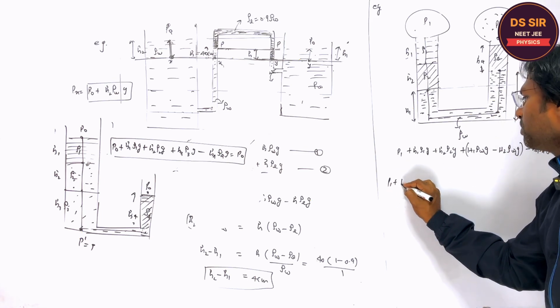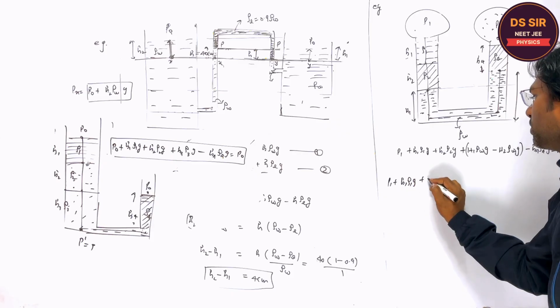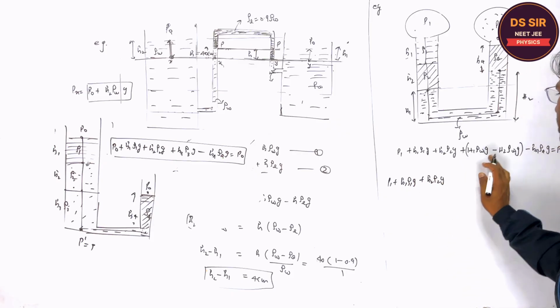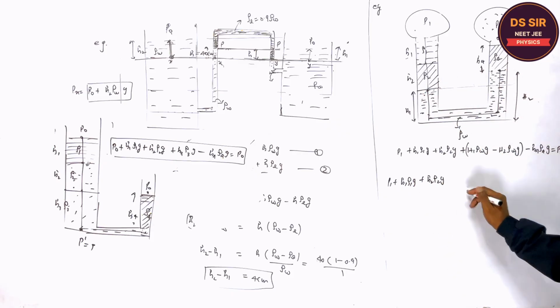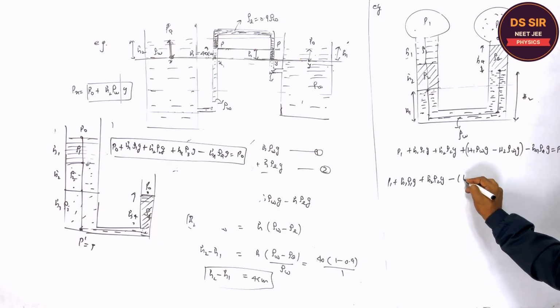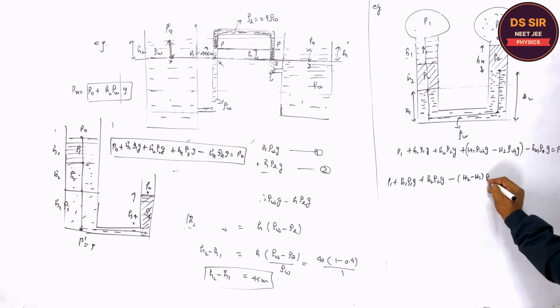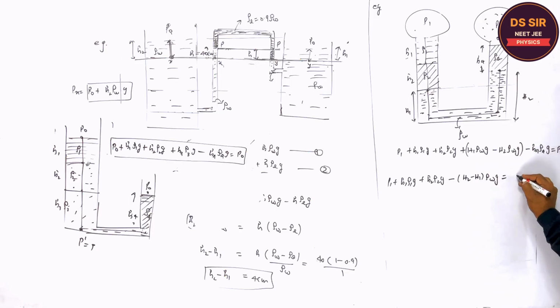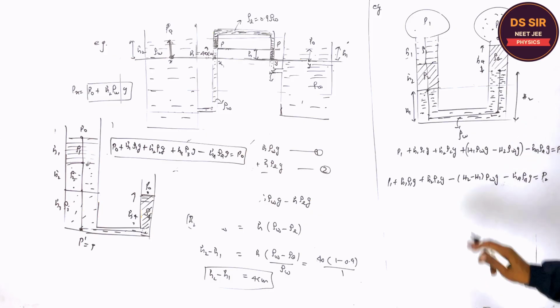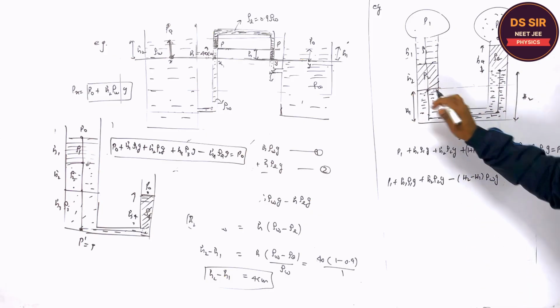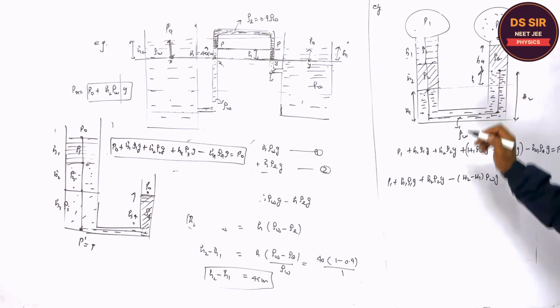P1 plus H1 rho 1 G plus H2 rho 2 G. H2 is greater than H1. So can I write in this way? H2 minus H1 times rho water G, minus H4 rho 4 G, is equal to P2. Is it clear or not, you tell. And what is H2 minus H1? This is small h.